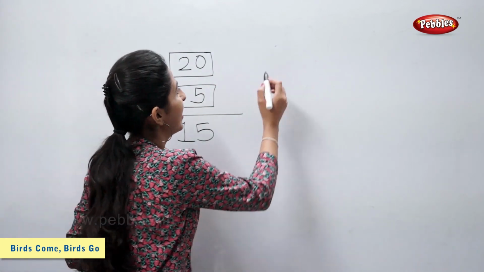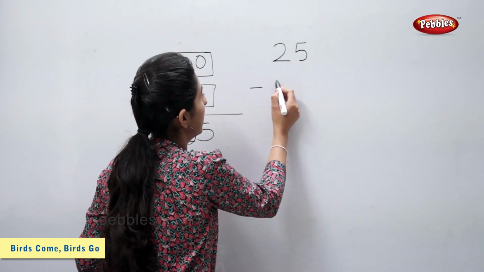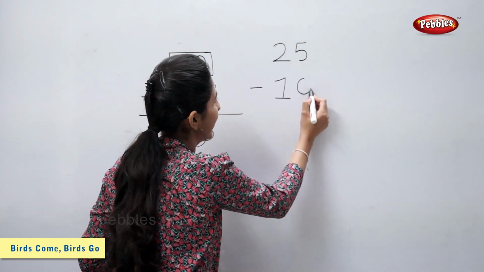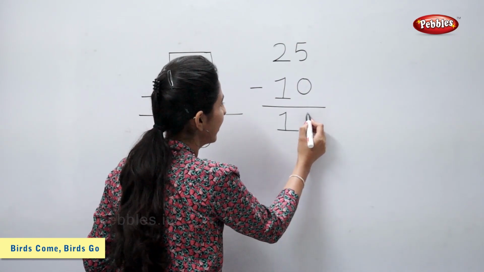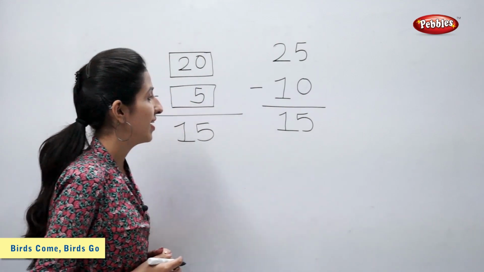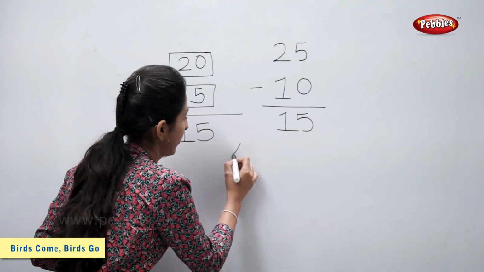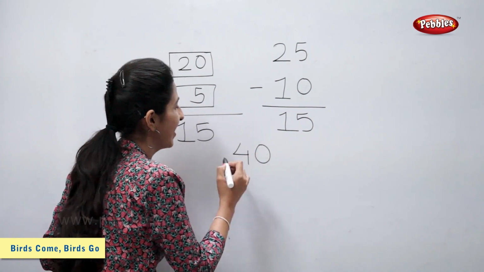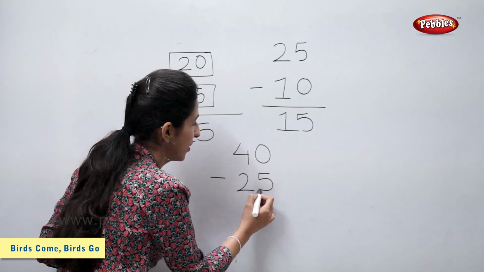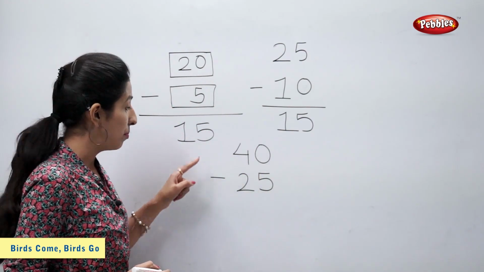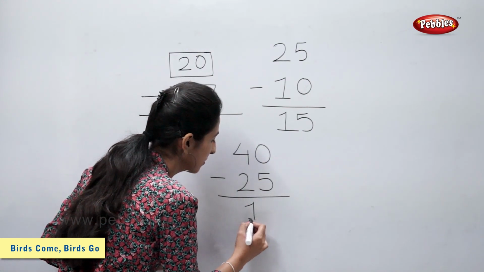Similarly, 25 minus 10 is also equal to 15. Let us write one more combination. 40 minus 25. 40 minus 25 is equal to 15.